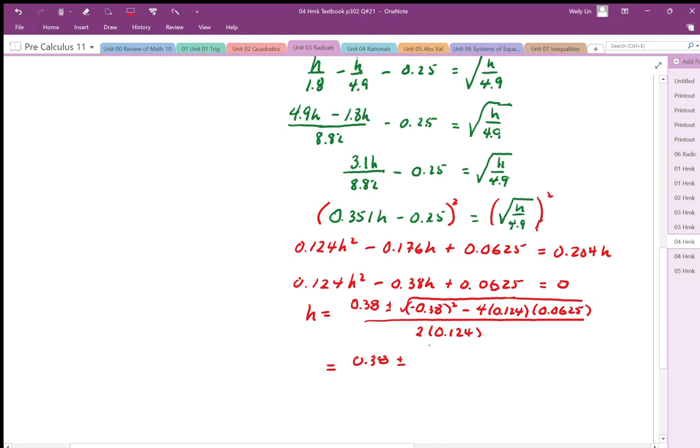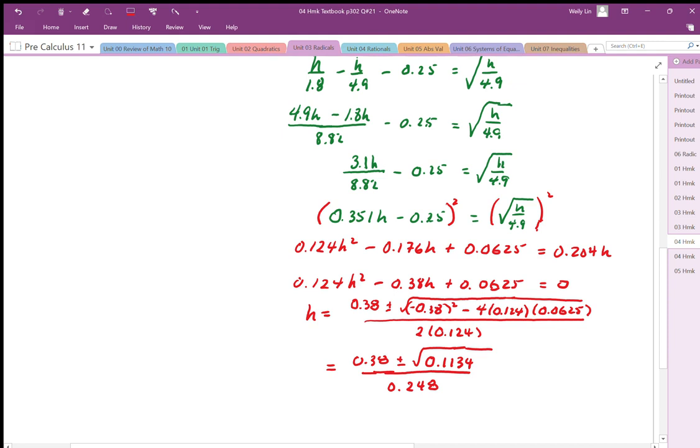And so I end up with a square root value of 0.1134. Okay, and then that's all over 2 times that, so 0.248.